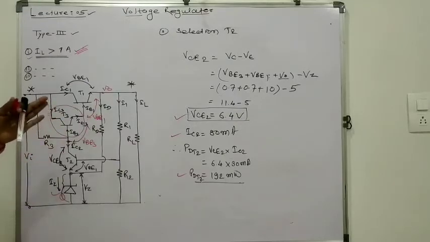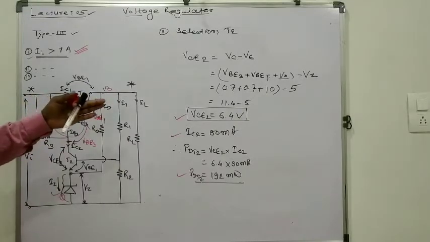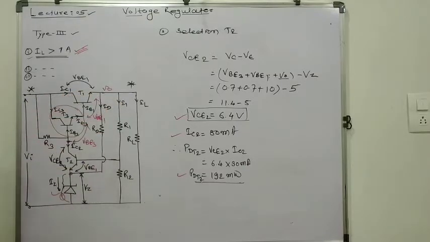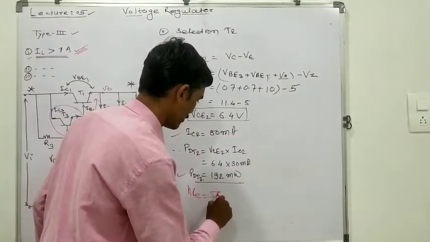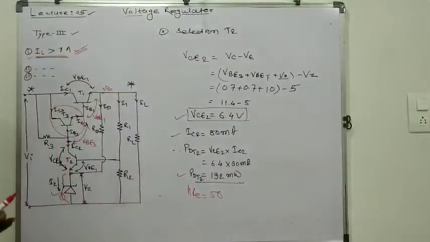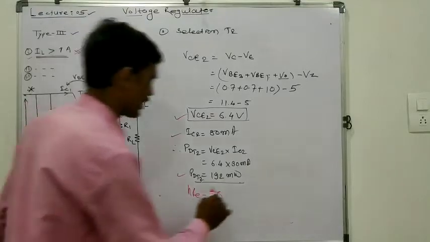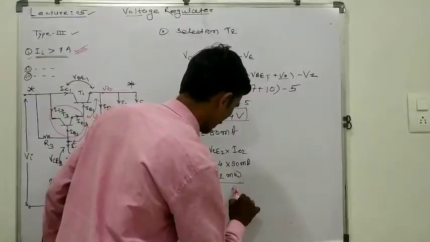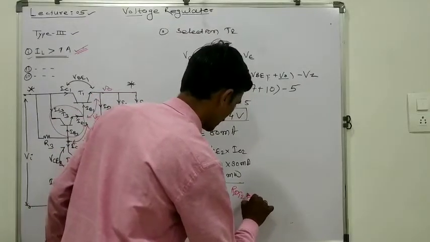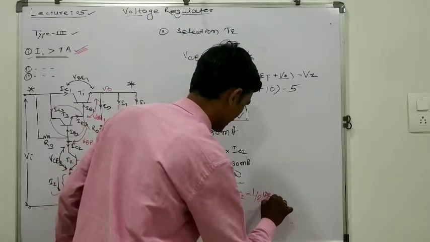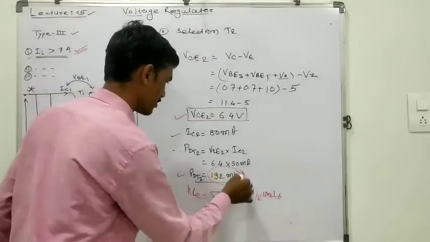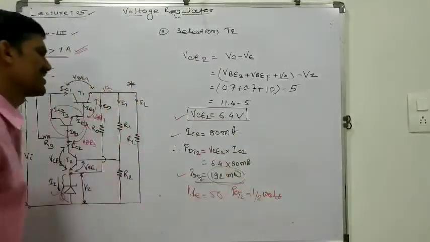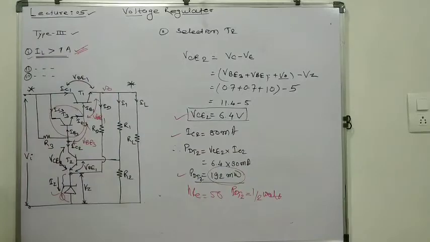Then VCE is given as 6.4 volt, with HFE must be 50 or less than 50, with power rating 192. So power dissipation across transistor T2 must be half watt. So we can use double the rating of this, so it is 400 milliwatt. So we can select a half watt transistor T2. So this is all about the selection of transistor T2.